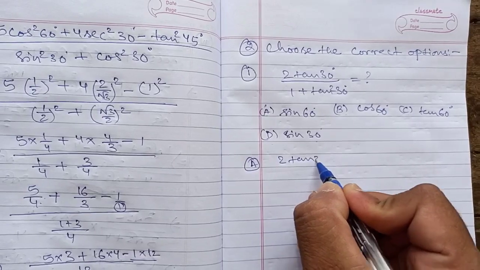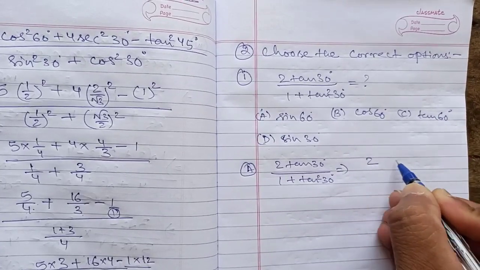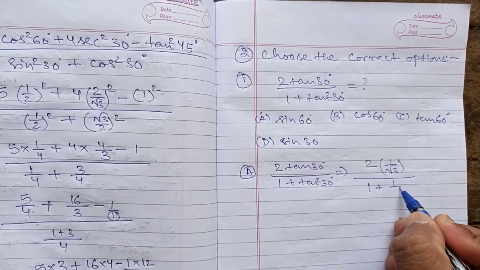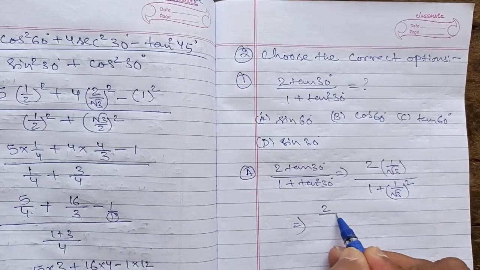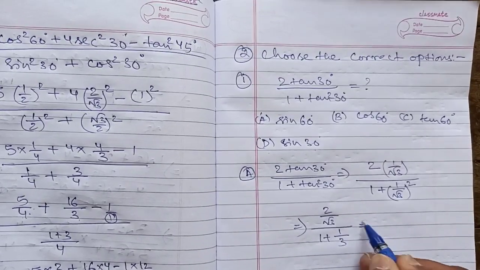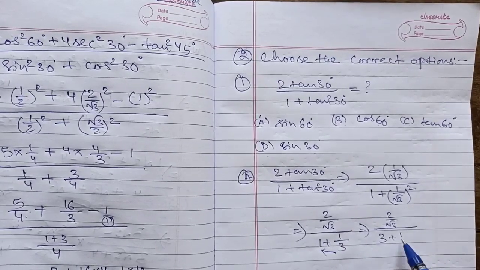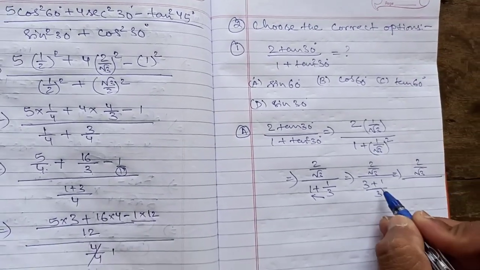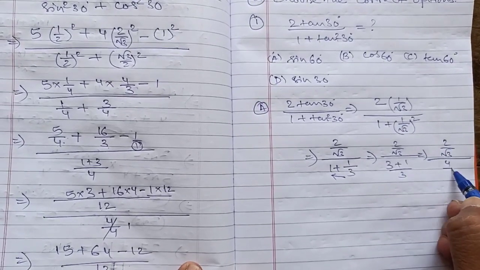2 tan 30 degree by 1 plus tan square 30 degree. Tan 30 is 1 by root 3, so 2 times 1 by root 3 divided by 1 plus 1 by root 3 whole square. 2 ones are 2 by root 3, and 1 plus 1 by 3 is 3 plus 1 by 3, which is 4 by 3.